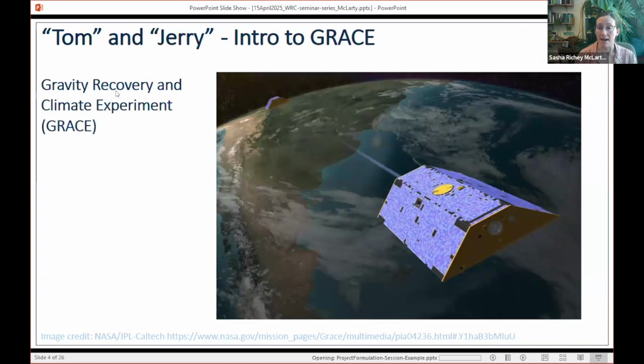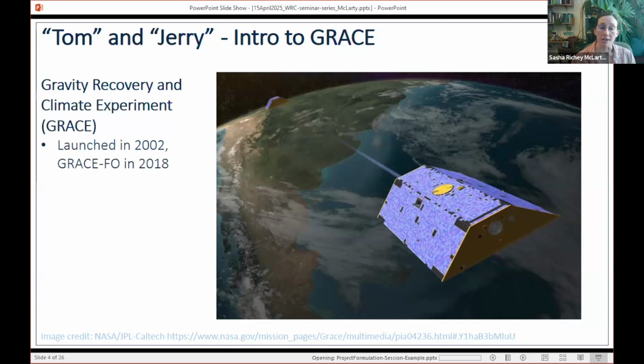And the reason why it's named that is because the satellites are actually measuring changes in Earth's gravity on a monthly time step, or we say time variable changes in gravity. And because water is so heavy, the main thing that causes changes in Earth's gravity field on monthly to annual timescales is the large scale movement of water stored on land.